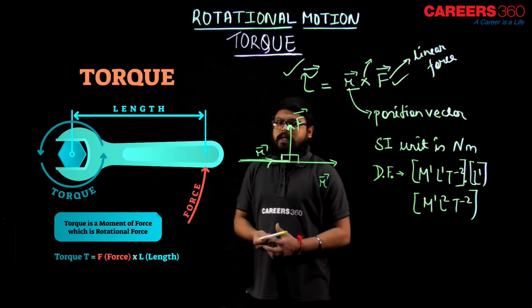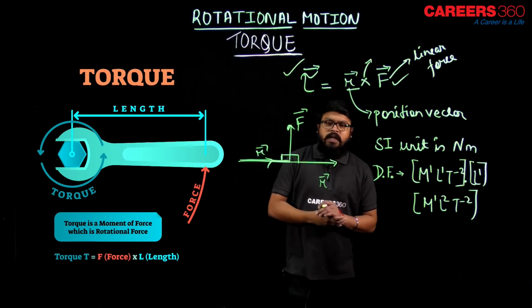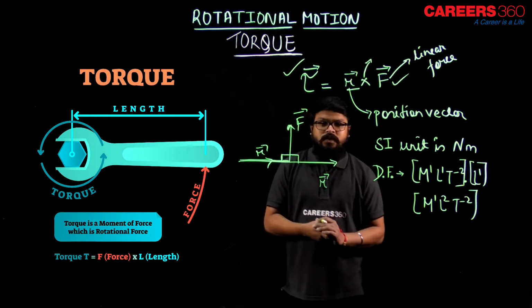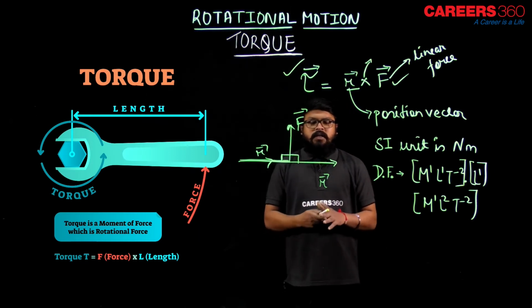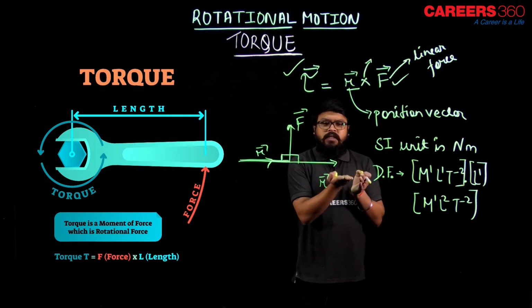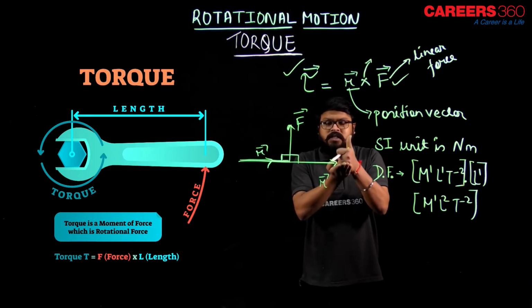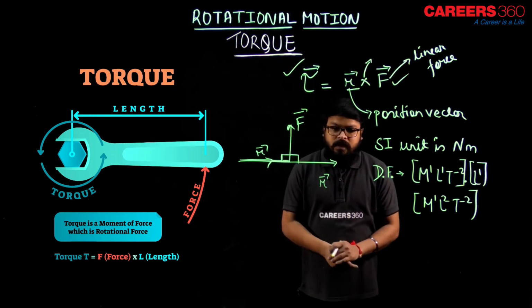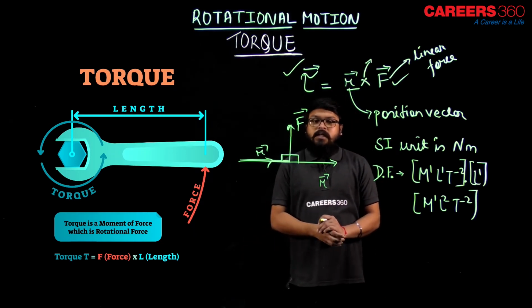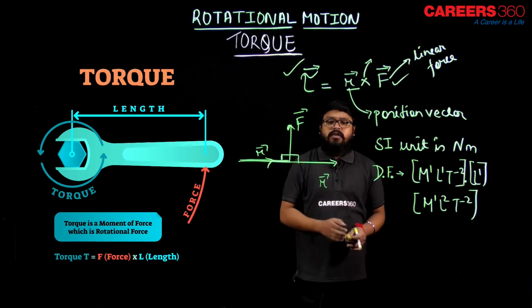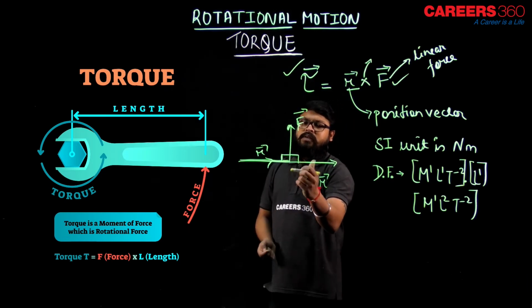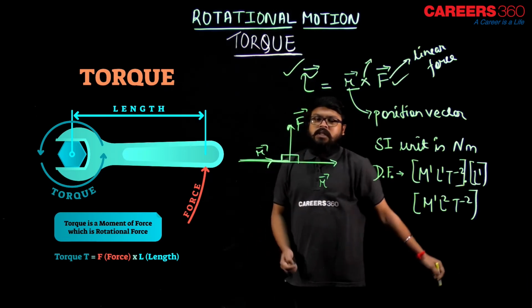So how do we find the direction? Using the same concept you learned in vector product, that if a plane contains two vectors A and B, then A cross B equals C. Over here, for torque R cross F, the torque would be coming out of the plane.